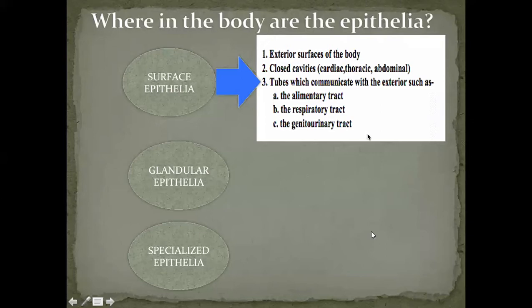See? Your surface epithelium is found in all parts of your body: the surfaces, the closed cavities, and the tubes.